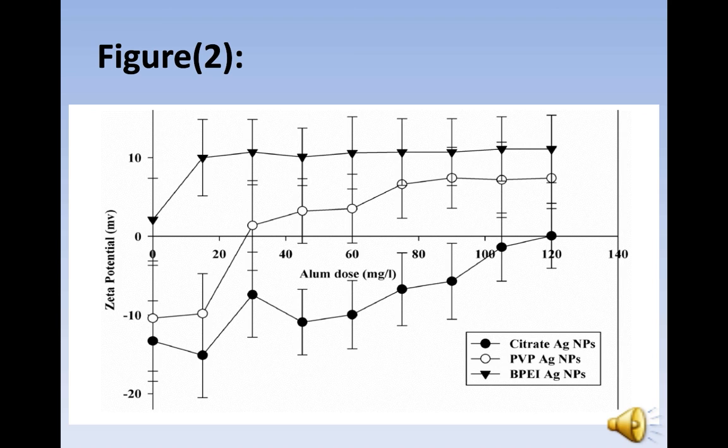And also we show AgNP charge in DI and natural water with different aluminum concentrations. The BPEI AgNP surface charge was changed from plus 36.1 to minus 30.2. This is due to the attachment of the negatively charged background material in natural water.